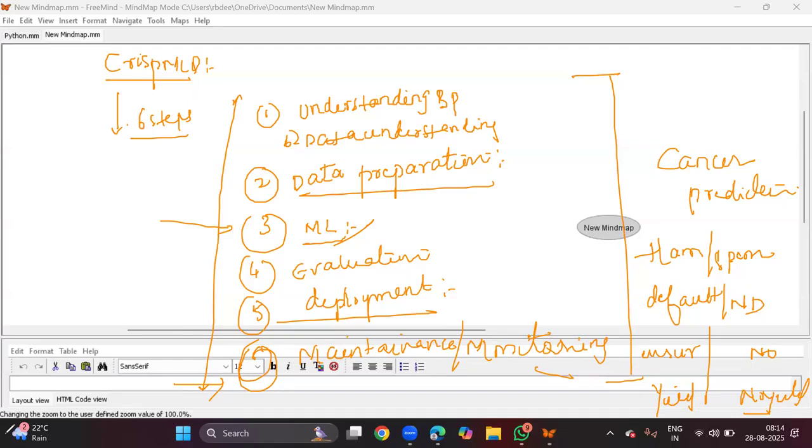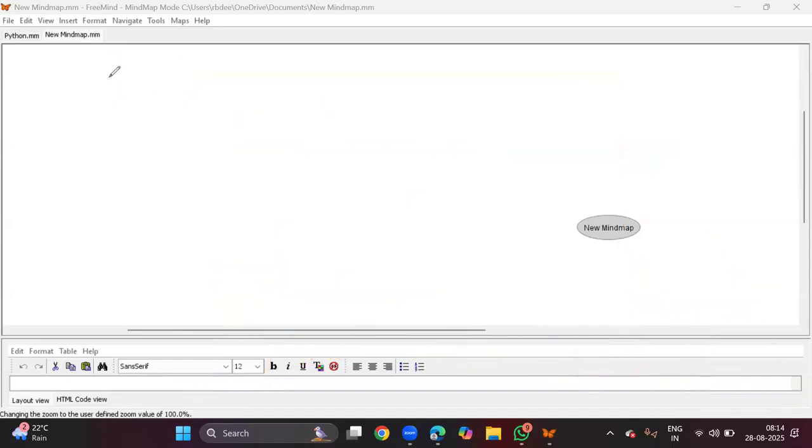Now that we are doing this, as I told you, we have four stages of analytics.